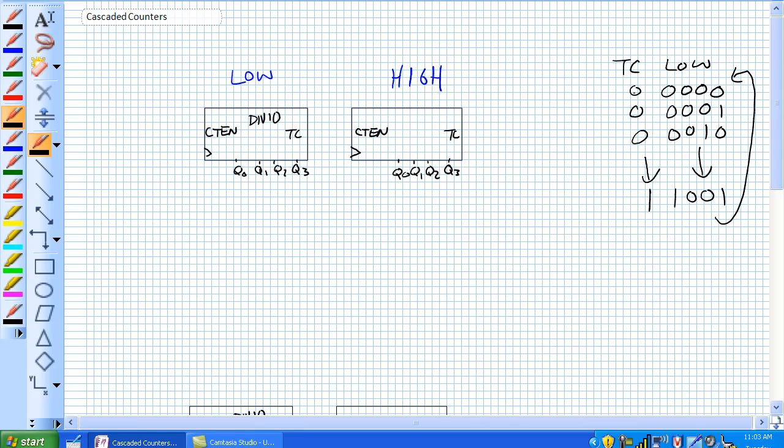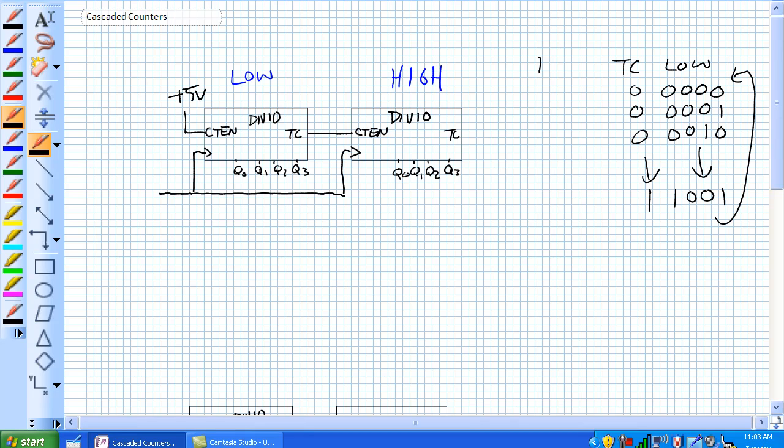It recycles back to 0, and your terminal count goes back to 0. So in a cascaded counter configuration, you take the terminal count from the low order and feed it to the count enable of the high order. Now both of these are getting the same clock. This is still a modulus 10, and by the way, the first stage is always enabled.